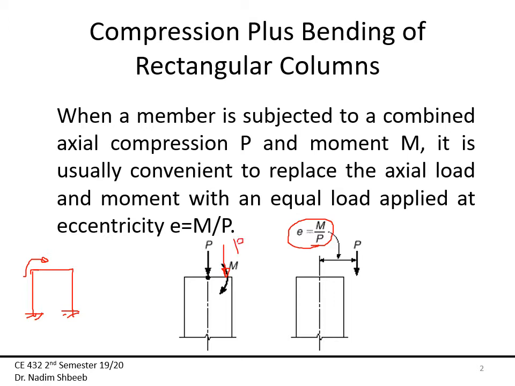So in this case, now this force P will have an eccentricity, and then now this moment is actually caused by the force not being concentric with the column. So this is what I call a physical eccentricity, where the load is actually on the column but not loaded in the center.